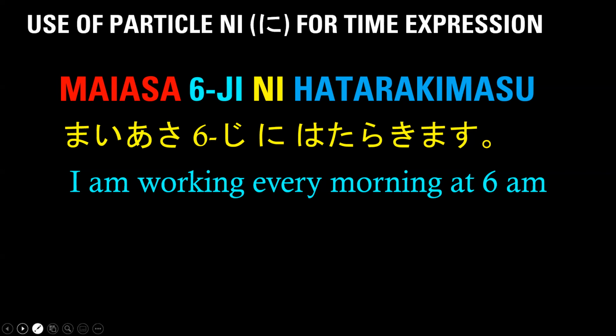So if you're in doubt, you're doubtful that your listener might associate this expression to somebody else besides yourself, you must use a topic marker wa. Okay. For example, watashi wa mai asa rokuji ni hatarakimasu. So syempre, talagang ikaw yun. It's the sentence about yourself.